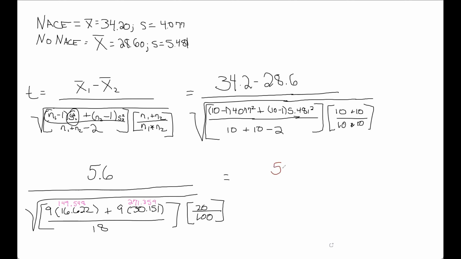So now we have 5.6 over the square root of 149.5 blah, blah, blah, plus 271.359, is 420.957 over 18.